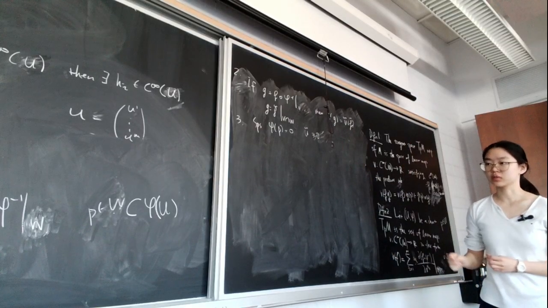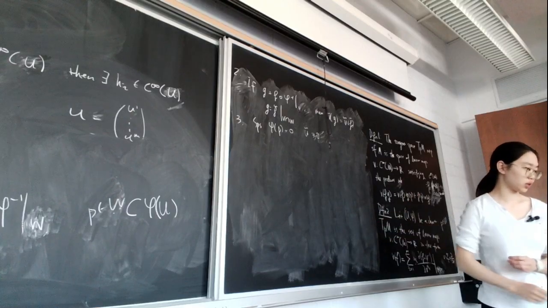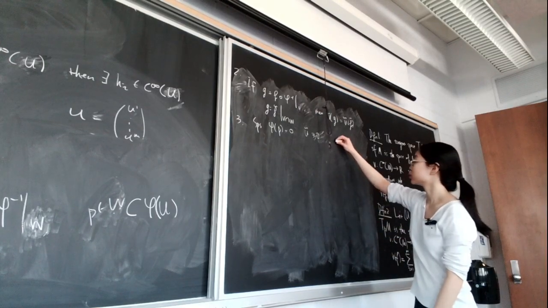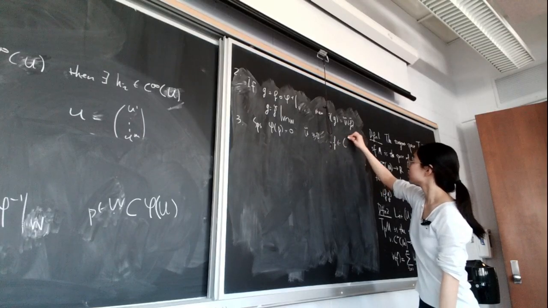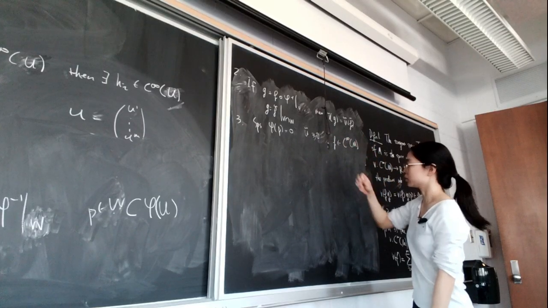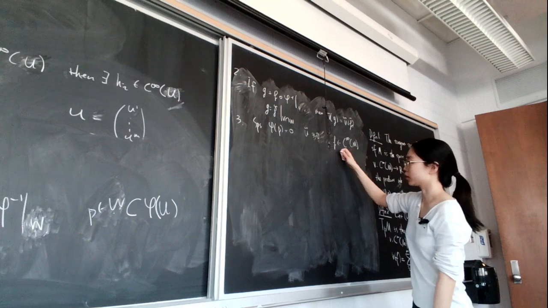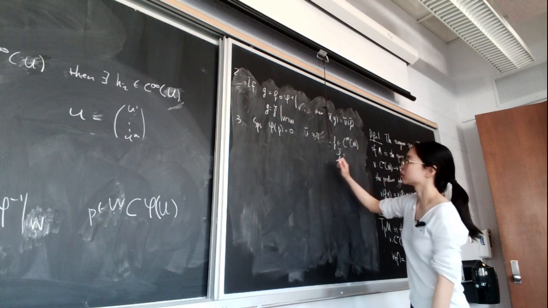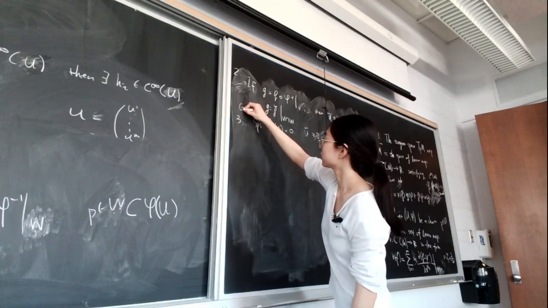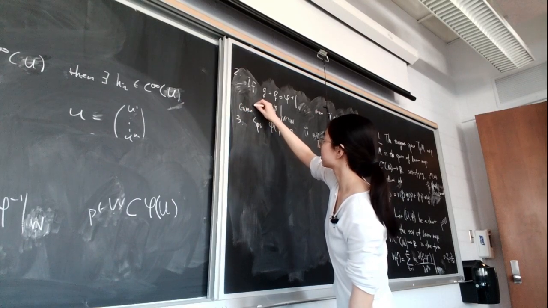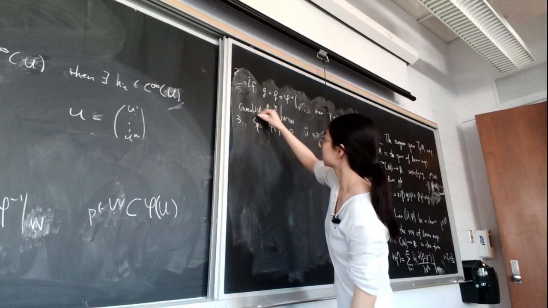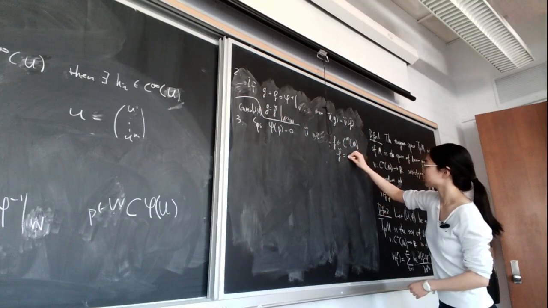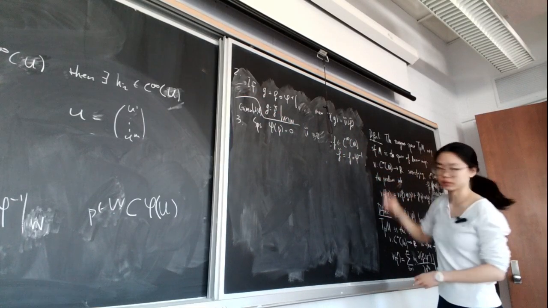And then we have V tilde as in step 2. Given a smooth function f on M, we define f tilde to be, given a chart, f composed with the inverse.